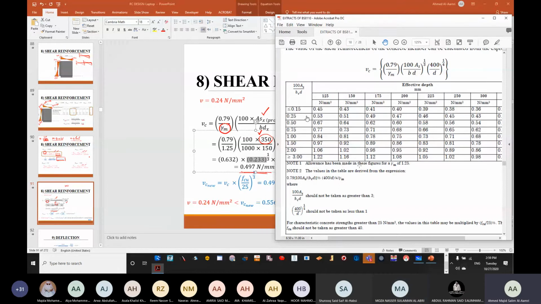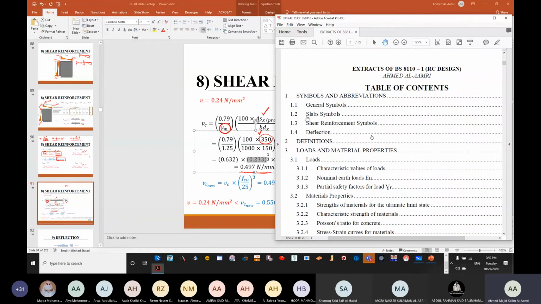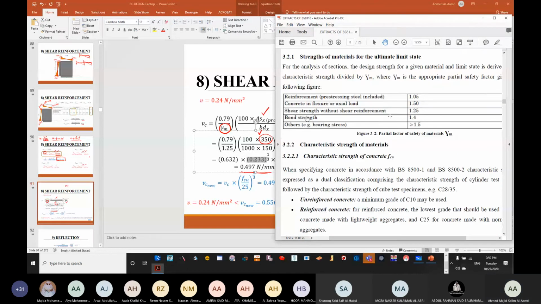So allowance has been made in this figure for a gamma m of 1.25. This is the first place you can get it from, or you can get it from this place as well. In the table of contents, you can go for partial factor of safeties. So it says for you, if you are using the factor of safety for the reinforcement, it's going to be 1.05.